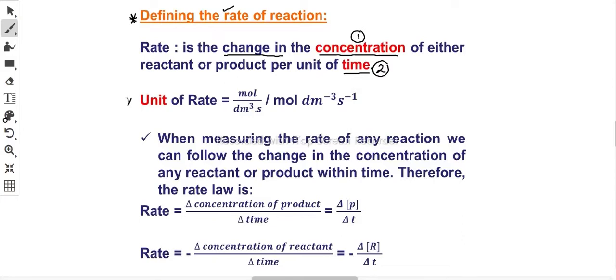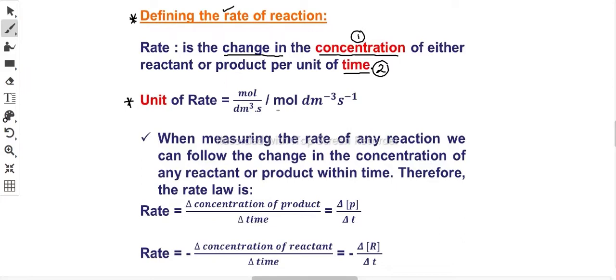If I'm going now to start with the unit of the rate, since I have concentration and I have a time, it is the unit of the concentration over the time. And here we need to remember that the unit of concentration is mole over decimeter cube. And for the time, according to the SI unit, it is the seconds.